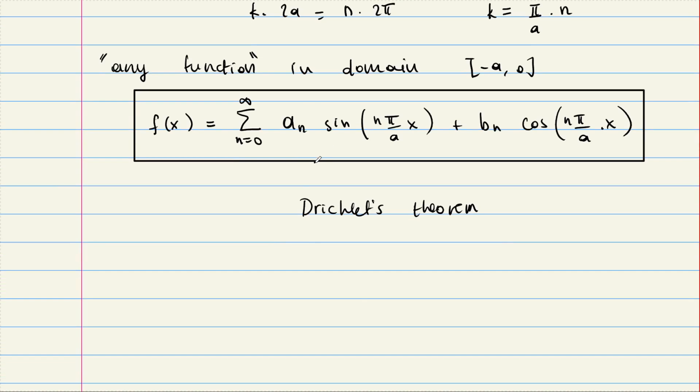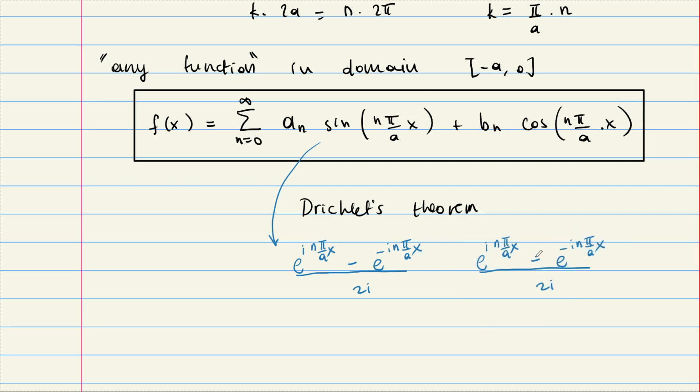I want to write sine as e to the i n pi over a x minus e to the minus i n pi over a x, divided by 2i, and similarly for cosine, with plus and without the i.